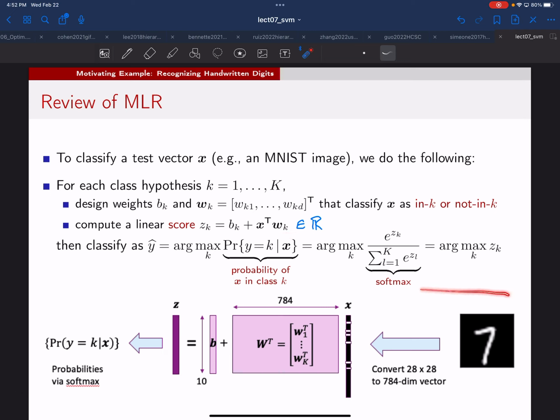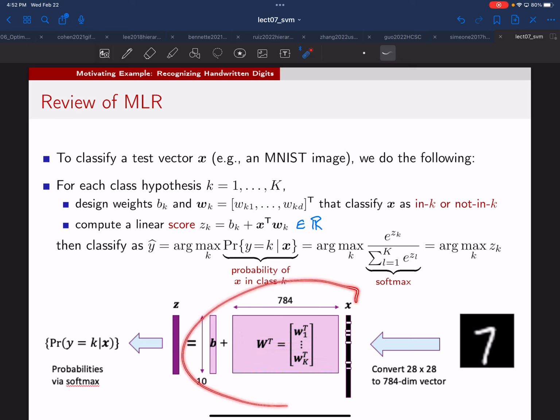Okay, so here's a visualization of the whole process. We start with a test sample, convert this to a vector, rasterize it. We make this weight matrix where each row is one of these W_K vectors. So the first row is the weights for class 1, the second row is weights for class 2, and so on. And then we stack the bias coefficients into this B vector.